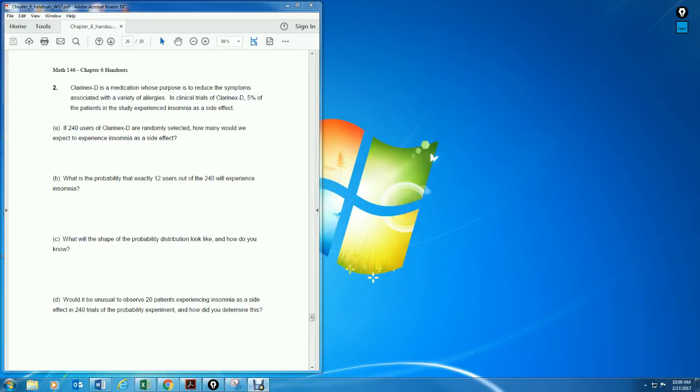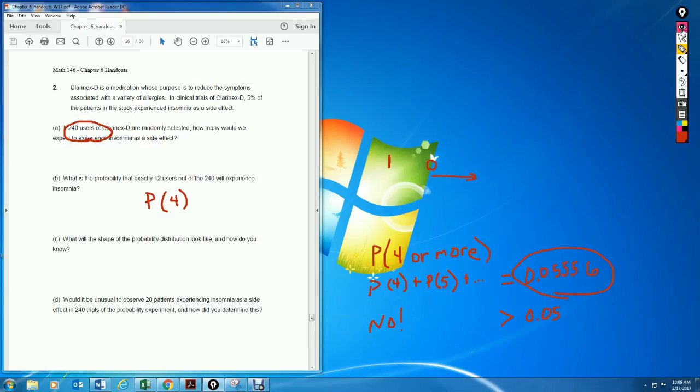Let me go on to problem number 2, which I did not have a chance to get to at all yesterday. Clarinex D's purpose is to reduce the symptoms associated with allergies. In clinical trials, 5% of the patients experienced insomnia.